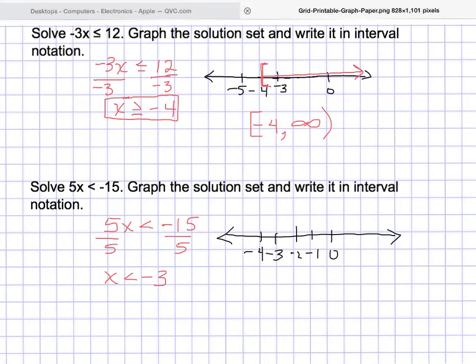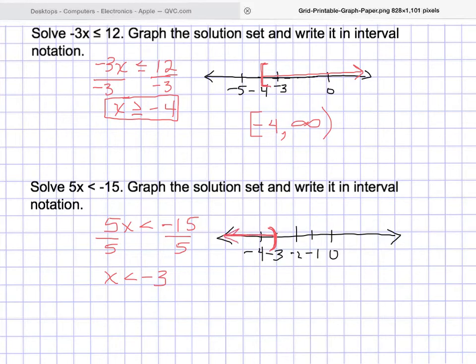Everything less than that has to go to the left, but do we put a parentheses or a bracket on negative 3? We put a parentheses because it doesn't include the 3. And then we go to the left towards negative infinity.